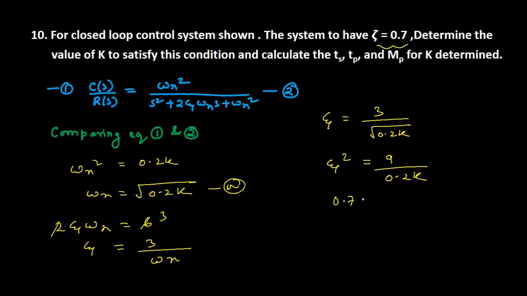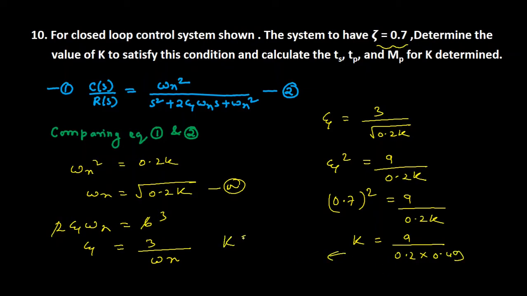When we put the value of zeta, we'll get 0.7 square is equal to 9 divided by 0.2K. From here we'll get K is equal to 9 divided by 0.2 into 0.49. When we solve this, we will get K is equal to 91.8367. So this is the required value of K we are getting.